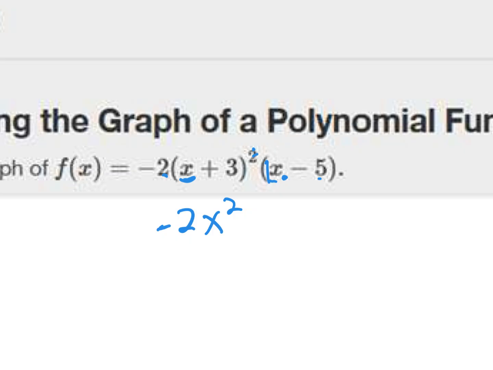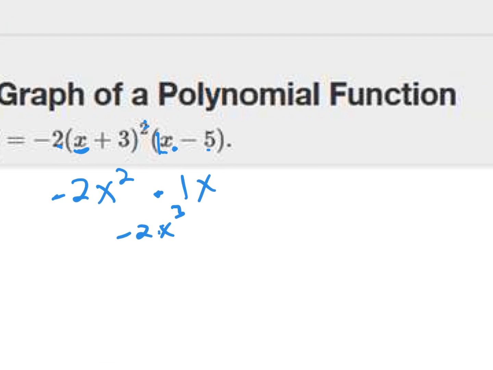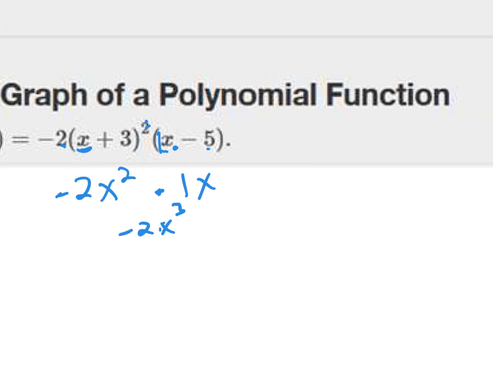That's the highest it's going to be, so it's times a 1x. So your highest power and the leading coefficient, this is cool. See, I'm giving you 2 for the price of 1. Negative 2 times 1 is a negative 2x cubed. That tells me a lot. I can tell you right now that my graph's going to start at the top. It's going to come down, it's going to cross the axis, and it's going to keep going down.